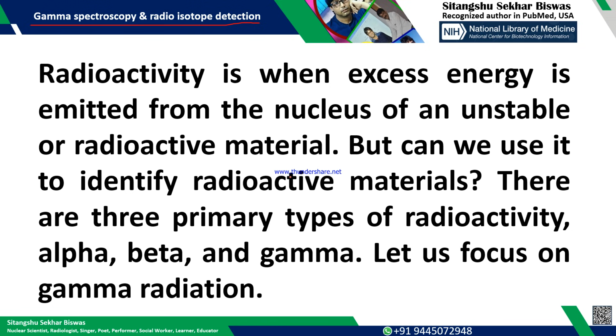The energy level and its intensity, that means the pulses, I will come later. Whatever energy is getting radiated from the nucleus, naturally it will be in kilo electron volt or mega electron volt.